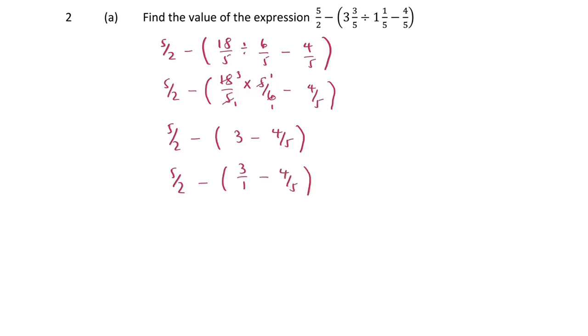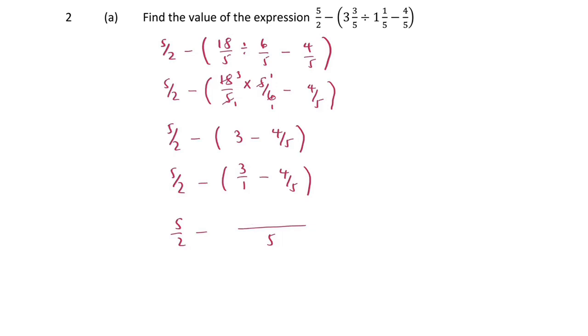Okay, so now from the brackets, the LCM of 1 and 5 is 5. Then our expression is going to be 5 over 2 minus, in brackets, expected numerator over 5. Then 5 divided by 1 becomes 5, and then we multiply by 3 to get 15.